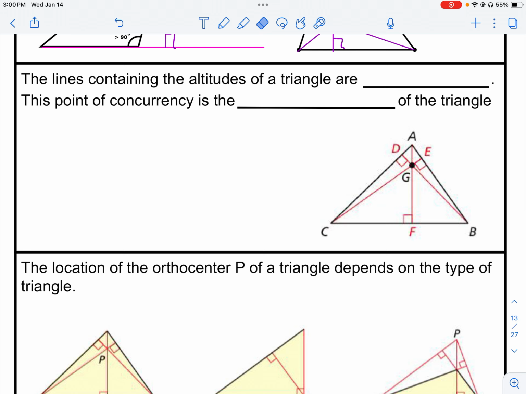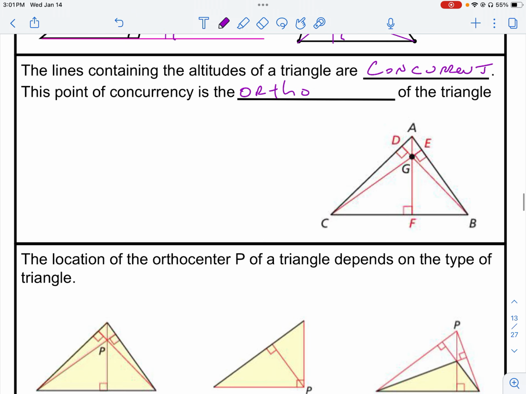Well, as some of you have already guessed, the lines containing the altitudes of a triangle are concurrent. Much like the perpendicular bisectors are concurrent at the circumcenter, the angle bisectors are concurrent at the incenter, and in a previous video, we talked about how the medians are concurrent at the centroid. Well, when we have altitudes, their point of concurrency is called the orthocenter of the triangle.